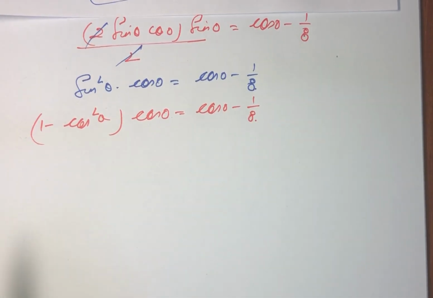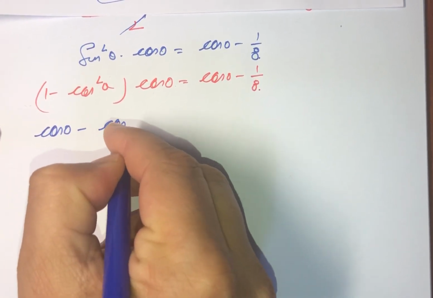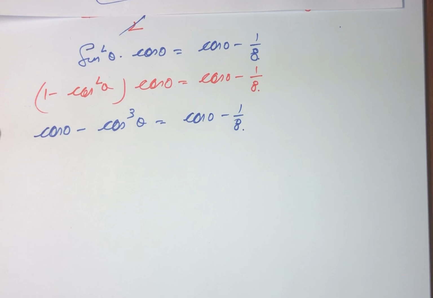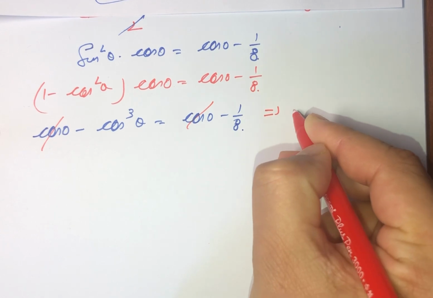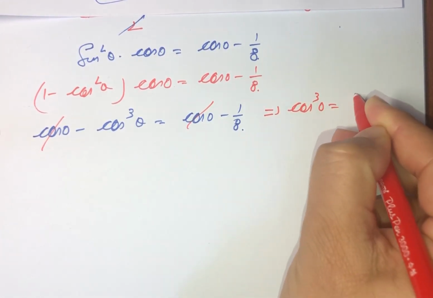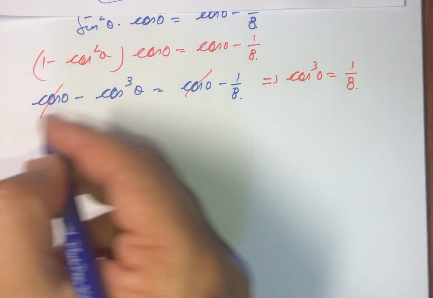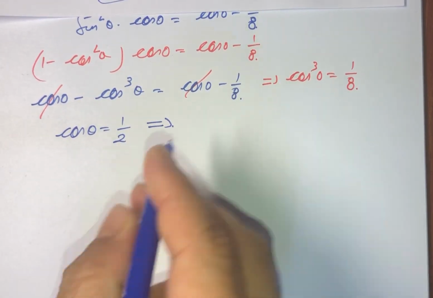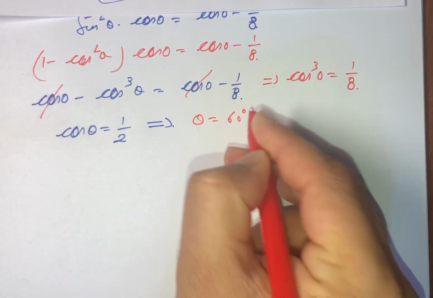And we can just open the bracket. This will be cos theta minus cos cube theta is equal to cos theta minus 1 by 8. Cos theta cancels out. From here we get cos cube theta is equal to 1 by 8, or we can say that our cos theta is equal to 1 by 2. From here we can say that our theta is equal to 60 degrees.